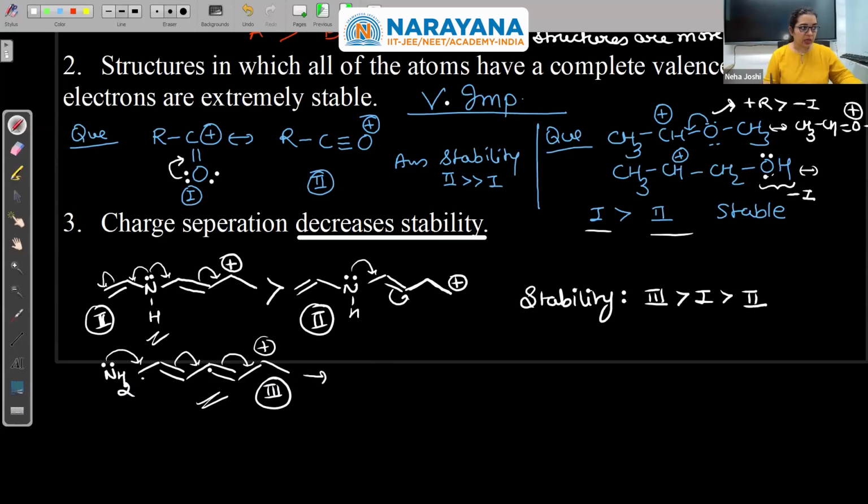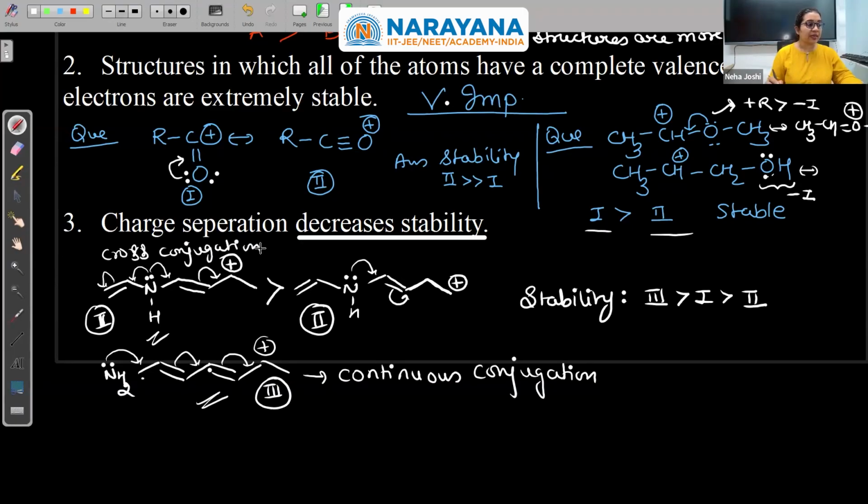What is this? Here I am using the term continuous conjugation or resonance. And here I will use the term cross conjugation. Provided the number of electrons involved, number of atoms involved, type of atom involved are the same, continuous conjugation is always better than cross conjugation.